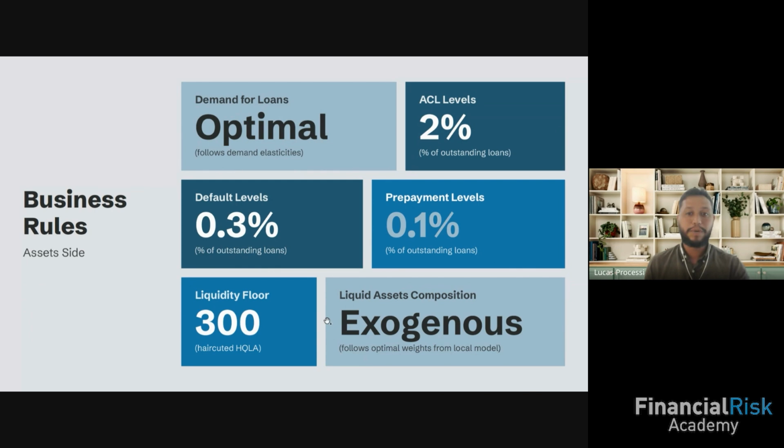In this case, we have a local model for the liquid asset portfolio. It could be a mean variance model, let's say. So we are creating an integration with this model by fixing the optimal weights of the portfolio in risk factors. This is going to be an input to the main model, okay?